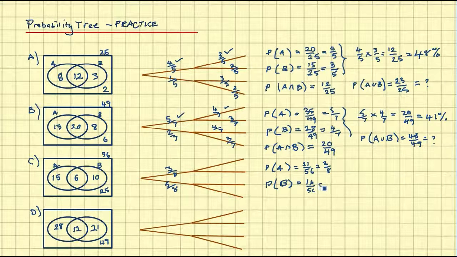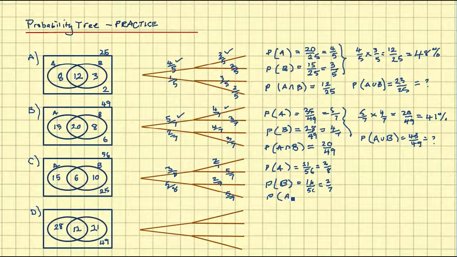So 16 out of 56, and 16 out of 56 simplifies to 2/7. So 2/7 on my event B, therefore 5/7 on my not branch there.